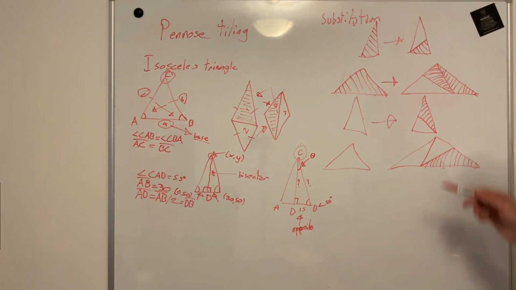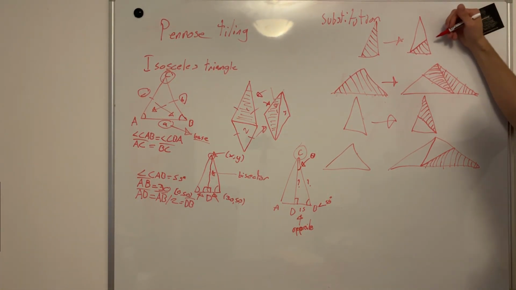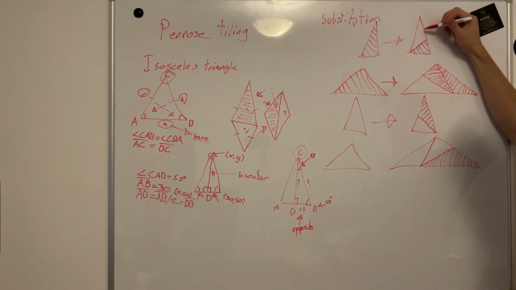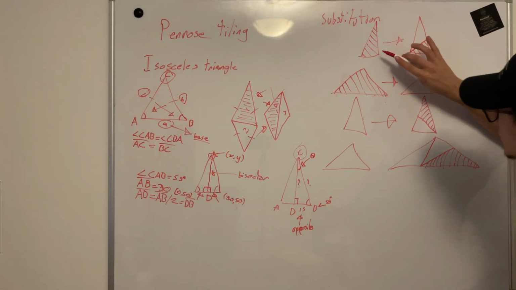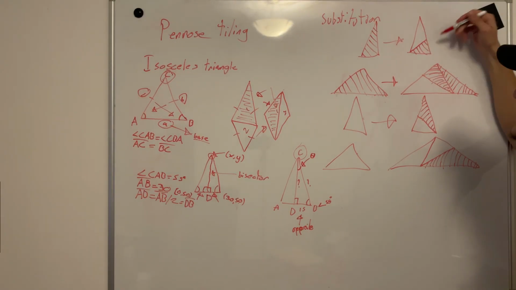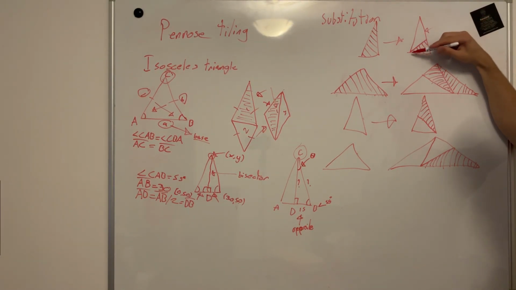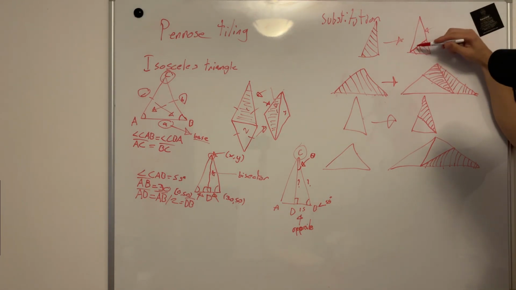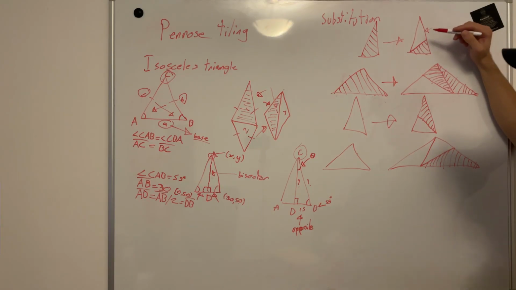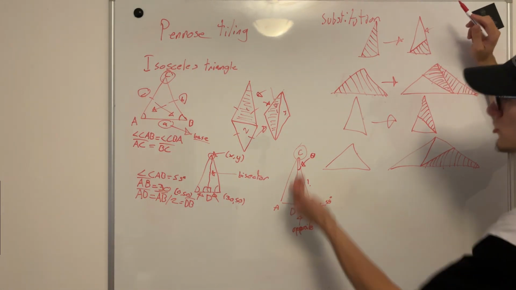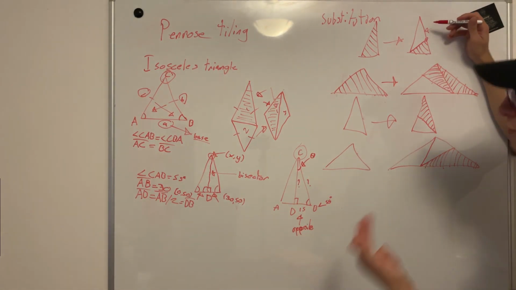Here, for example, whenever we substitute this triangle for these two, we will first create this top one from its base, always creating the triangles from their base, because we know how to get the top point from their base.